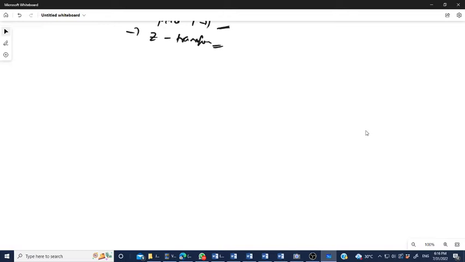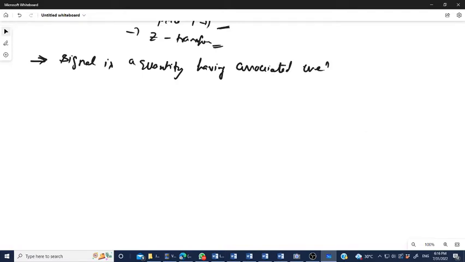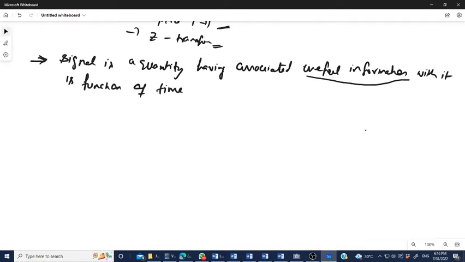Before going into the detail of signals and systems, we are going to define signals. The basic definition, though not a very precise one, is that a signal is a quantity which has some useful information associated with it. And this useful information, very important, is a function of either time or space.